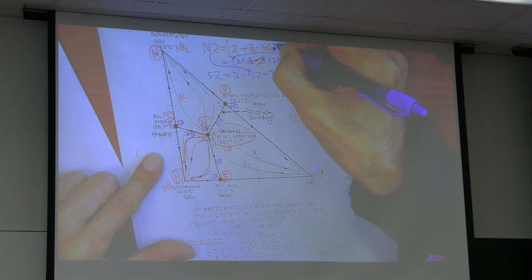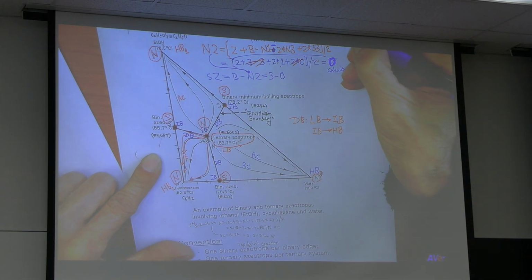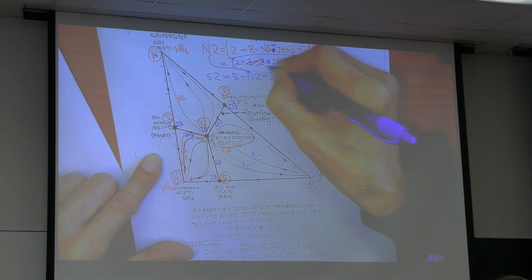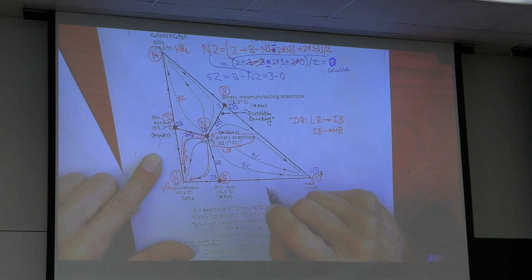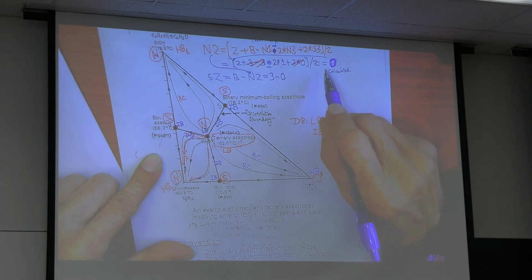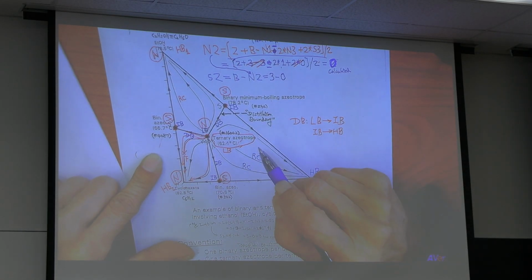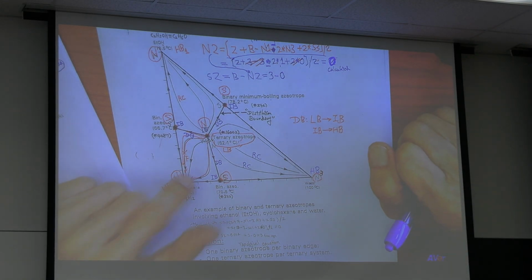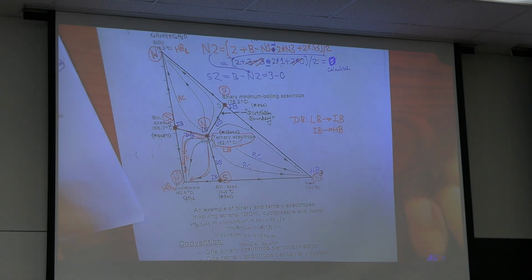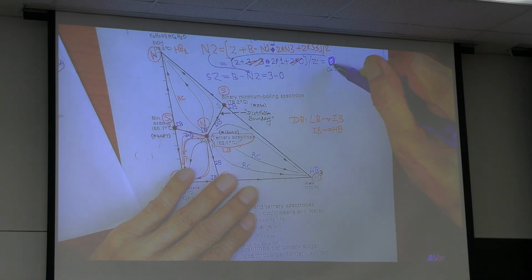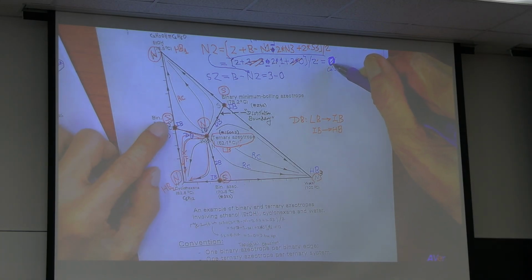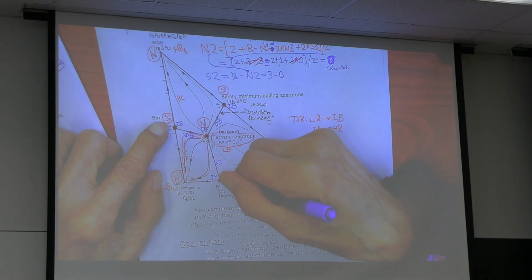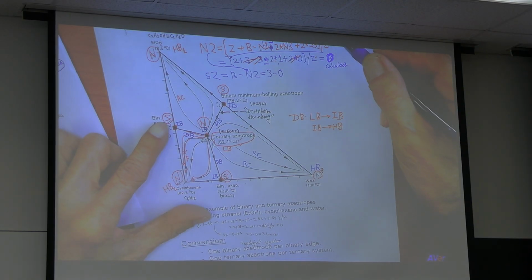You made my day. 2 minus 2. 0 divided by 2, 0. I was wondering what's going on. Calculated is 0, the plot is also 0.